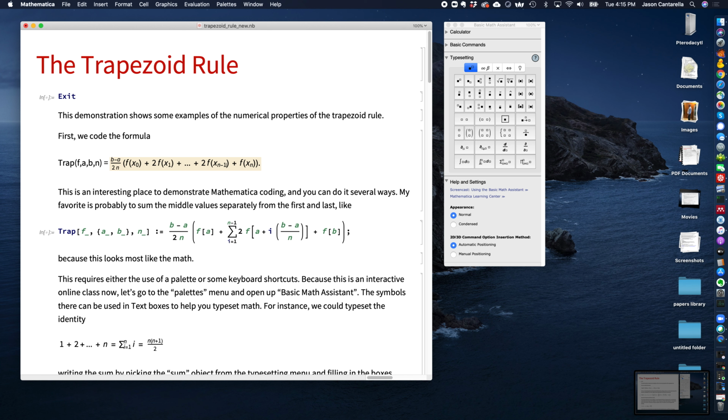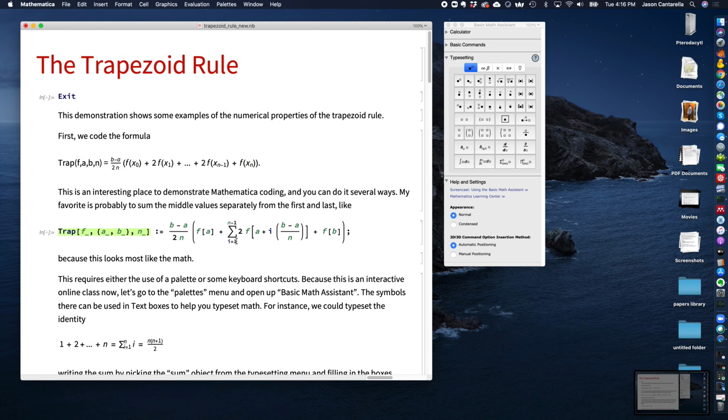You take the sum of the function values at the xi, with the starting one and the ending one weighted half as much as all the ones in the middle. And then you multiply that by b minus a over 2n. So 1/2 times the size of the interval.